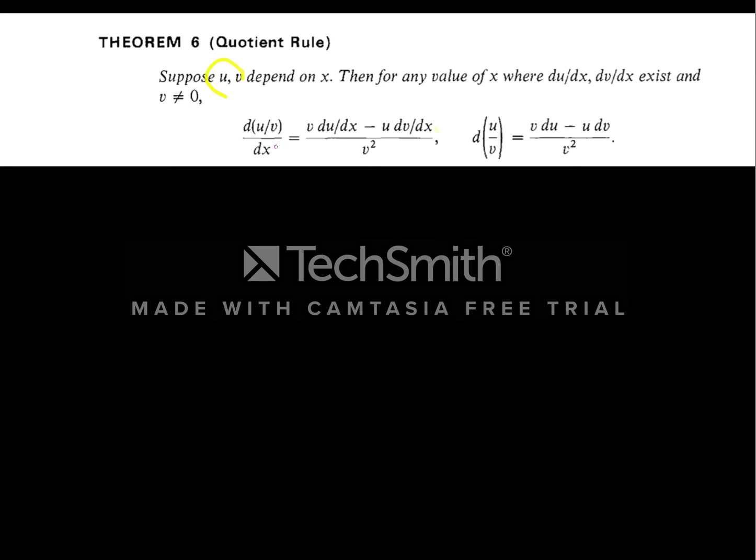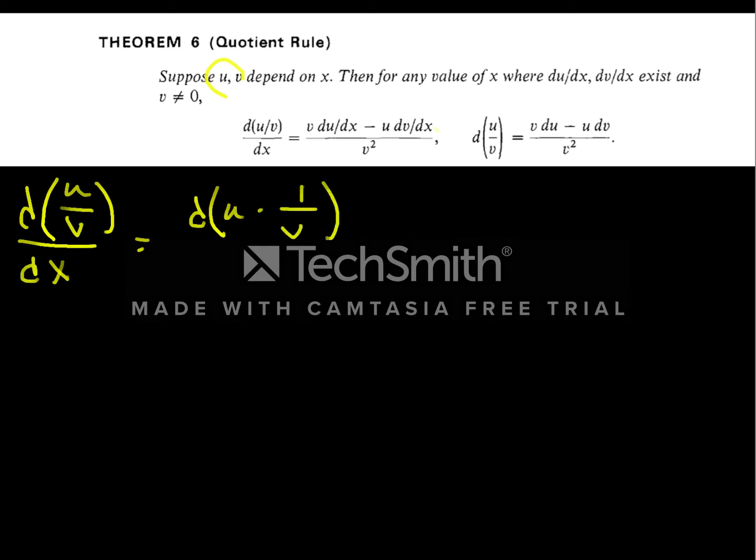But we'll use the process we had before, using the idea that we already know what the derivative of 1 over v is, and we can use our product rule, because the derivative of u over v with respect to x really is the derivative of u times 1 over v dx.